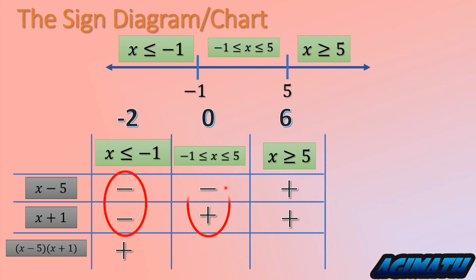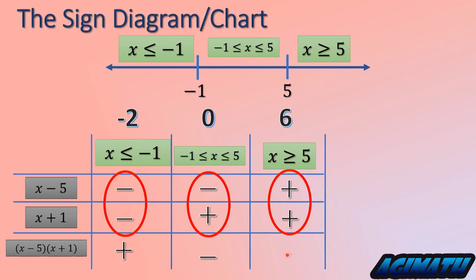That is positive. Next column, negative times positive, that is negative. And positive times positive is positive. So again, when you are multiplying signed numbers, if the signs are the same, the product is positive. If the signs are unlike, the product is negative.